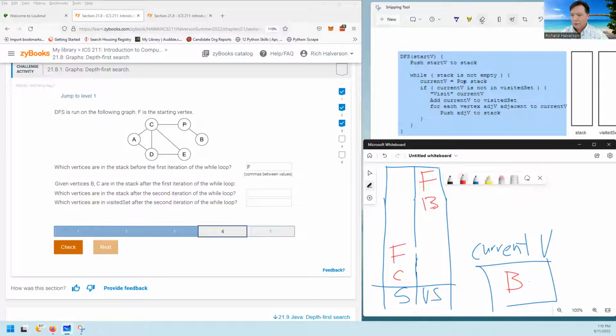And what vertices are in the visited set after the second iteration of the while loop? FC.